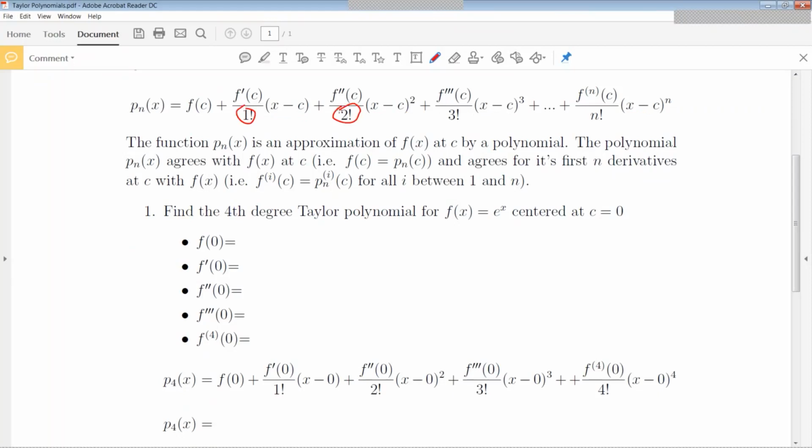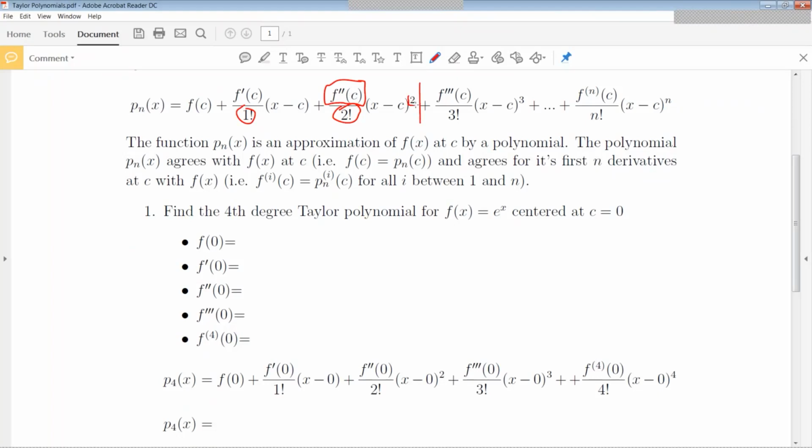And I'll just explain it with the 2 factorial one. Because remember, we want the second derivative of my polynomial to be the second derivative of f, which is f double prime of c. Now, when I start taking derivatives of a polynomial, so just pretending we stopped at the second degree term for a second, remember that these are just numbers in front, the things that are circled.